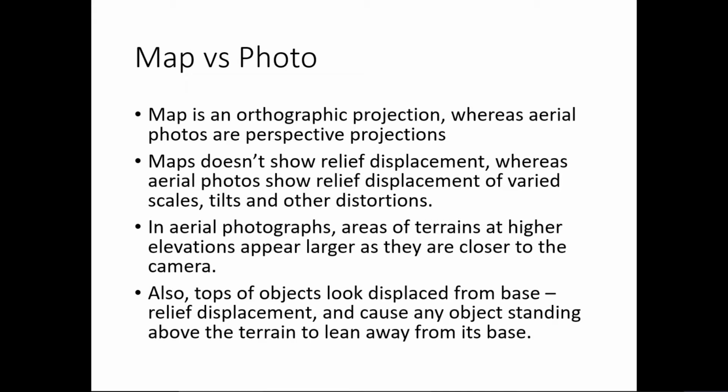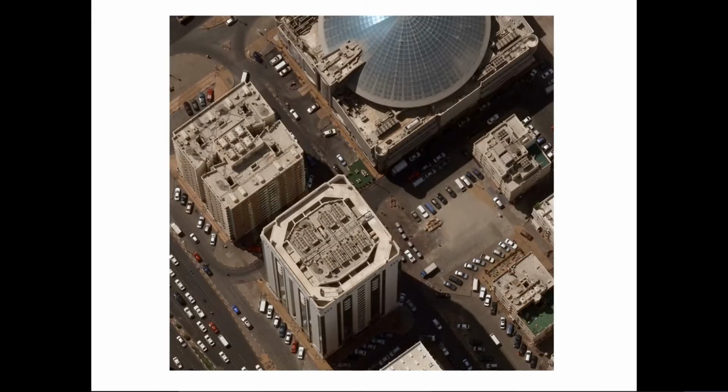So these two are the major drawbacks of an aerial photo, or major difference from that of a map. The major differences are, one is that the terrains or objects which are at a higher elevation appear larger, and another thing is the relief displacement, where they lean away from the base, as you can see here.